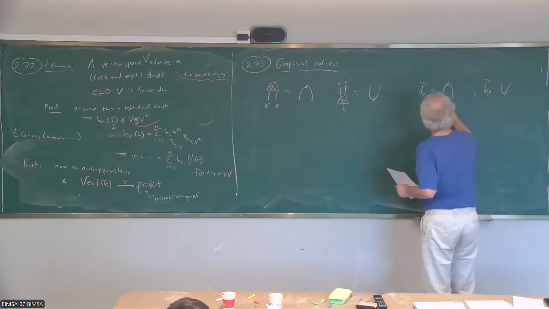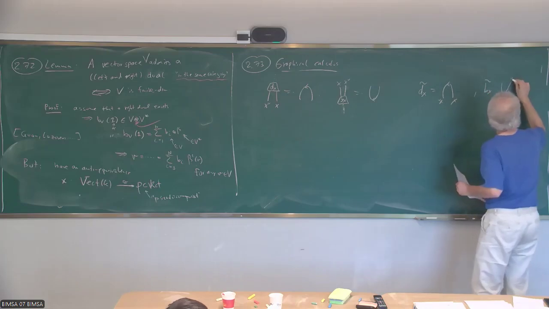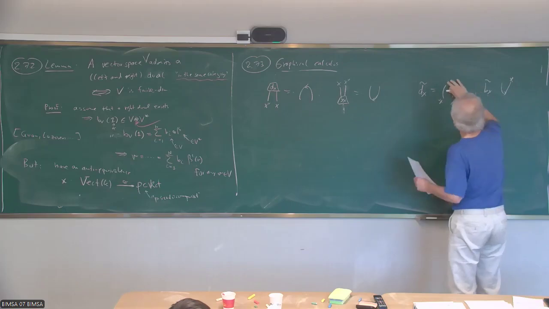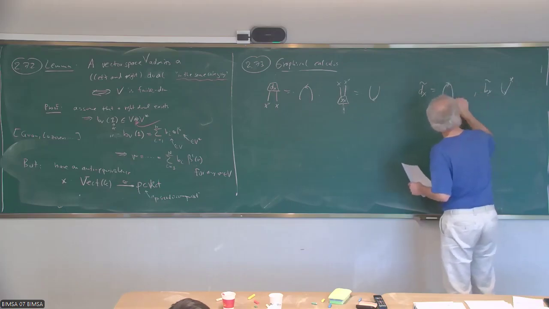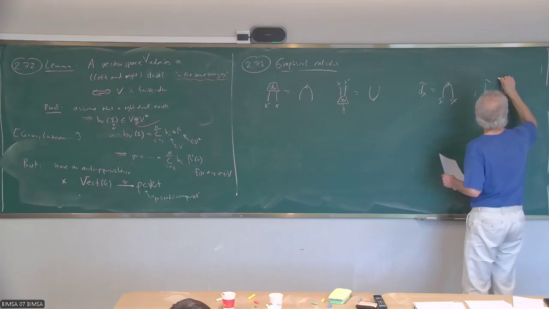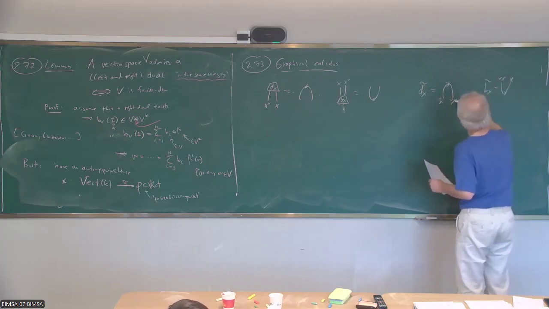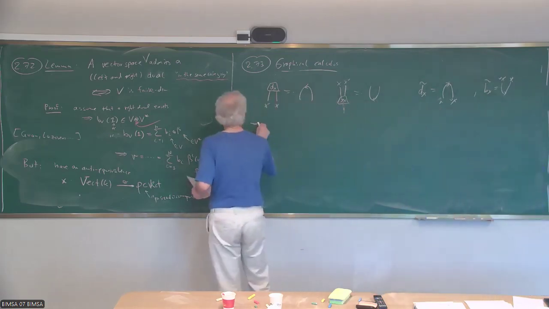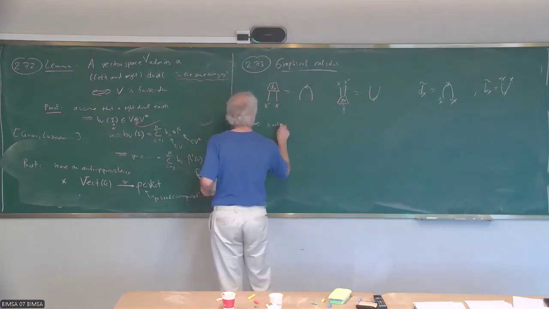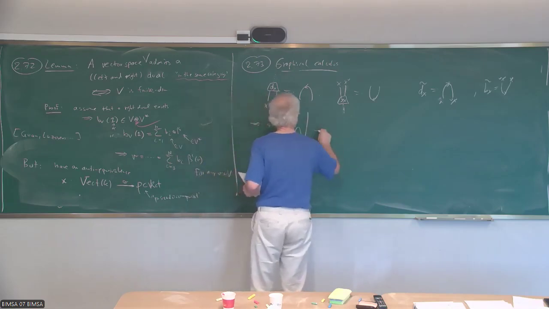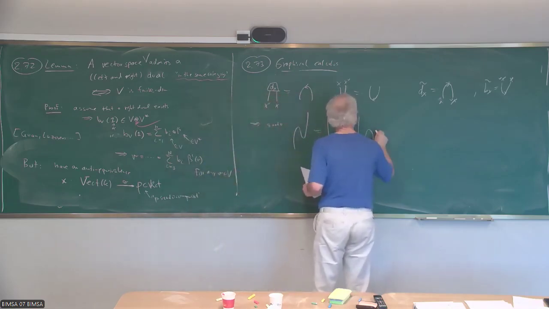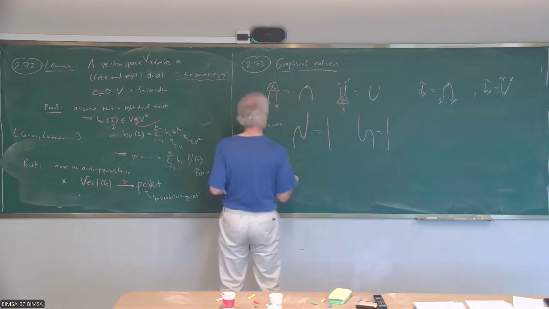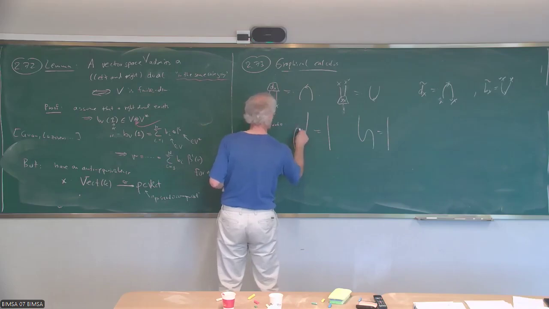So here we have left dual of x. Using this, the snake relations look as follows. Here I do it for the right duality.